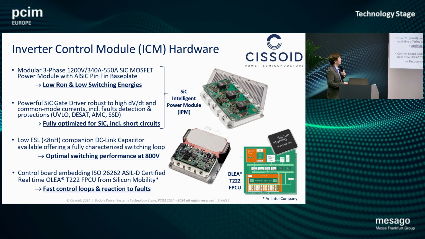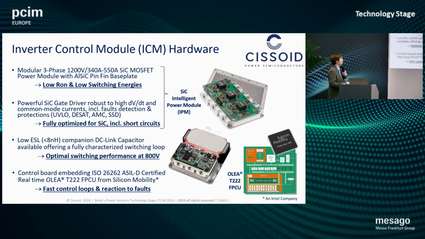Together with this power module, we have companion capacitors with very low ESL. Thanks to that, you get a fully characterized switching loop, which is optimized for optimal switching at 800 volts. And finally, the control board relies on the T222 microprocessor from Silicon Mobility, which is now part of Intel.